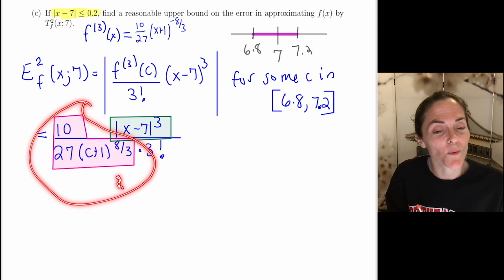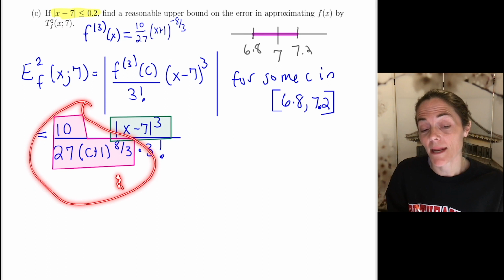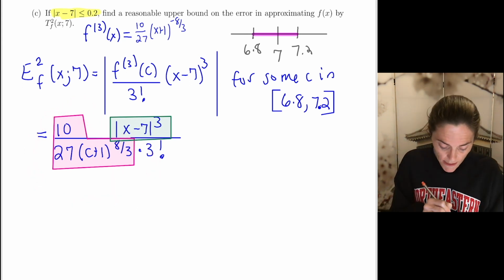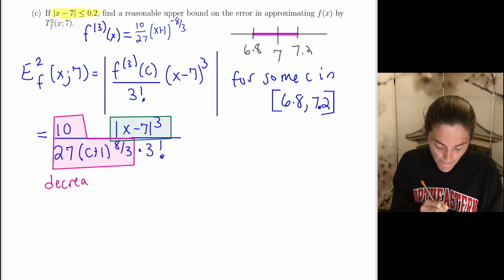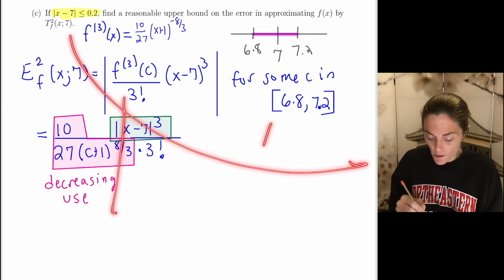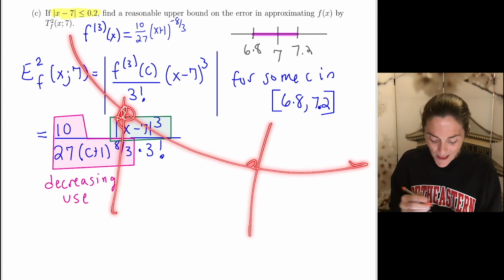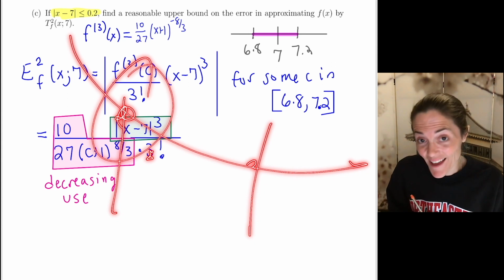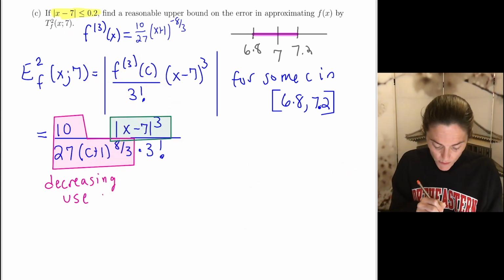We have a fixed numerator, and then we have a denominator that is growing over our interval. And so this is decreasing. And we will use a decreasing function on a closed, say, interval. The largest it can be is at the left endpoint. So we will use C equals 6.8.